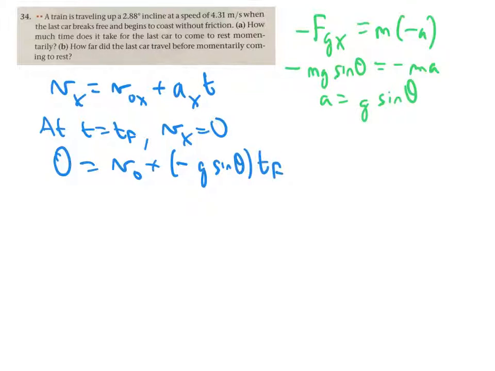We bring this whole thing to the other side by adding plus g sine theta times TF to both sides.